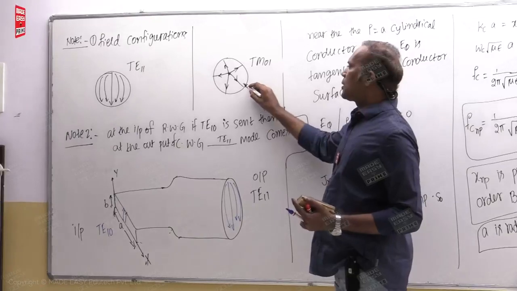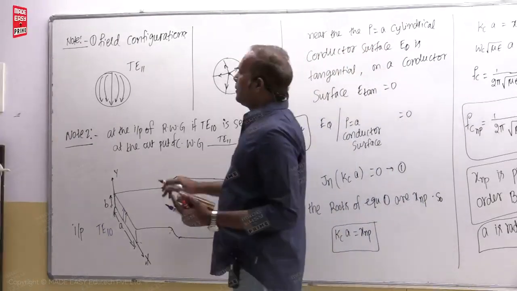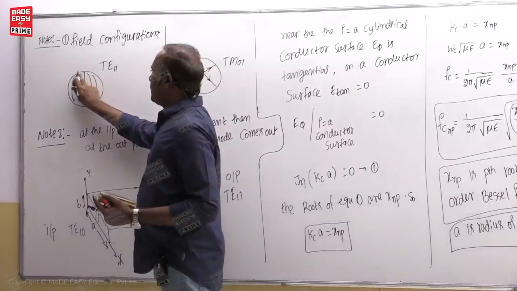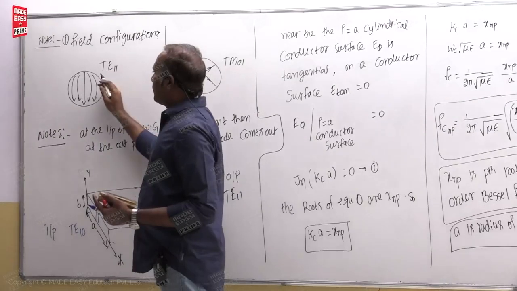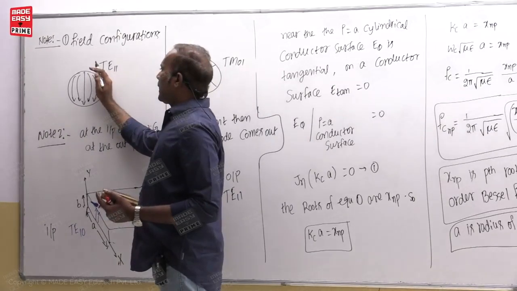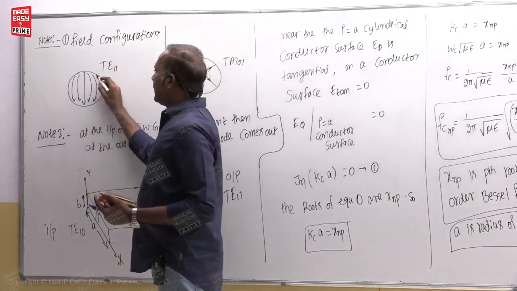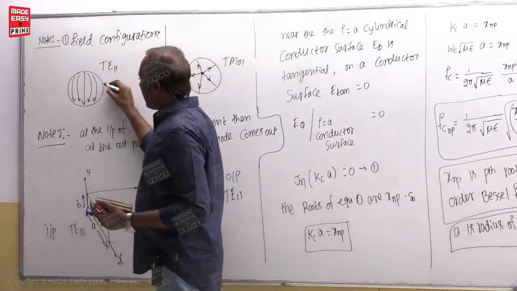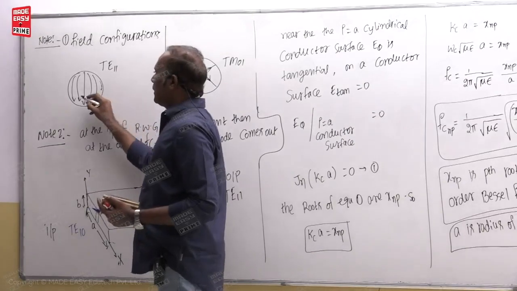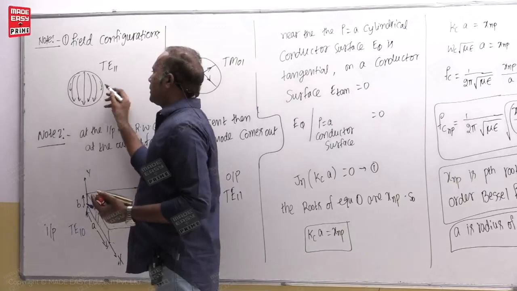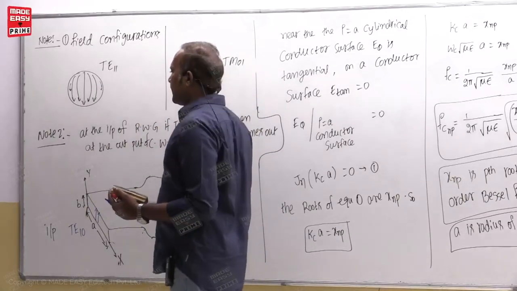This cycle wheel spokes configuration is TM01, and this vertical line. But whenever these electric field lines come near the cylinder, they keep bending, and ultimately when they come parallel to this, that electric field becomes zero actually, because the tangential component of electric field is 0. So this is TE11 mode. You remember that.